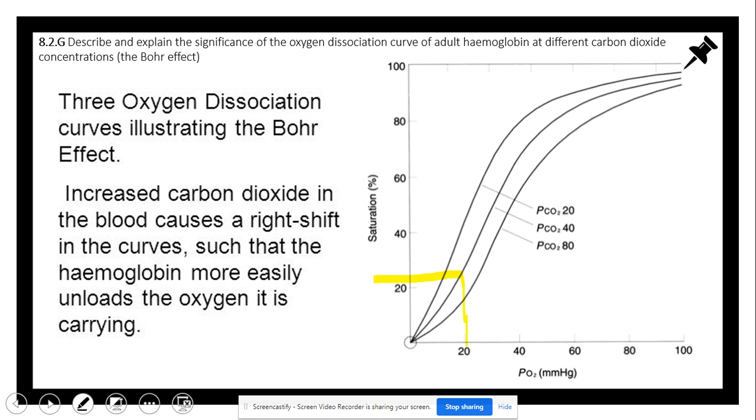When you up that CO2 concentration to 80, now you've got maybe 16% saturation. You're letting go of the oxygen. It's releasing the oxygen in the tissues that are going to need it the most.